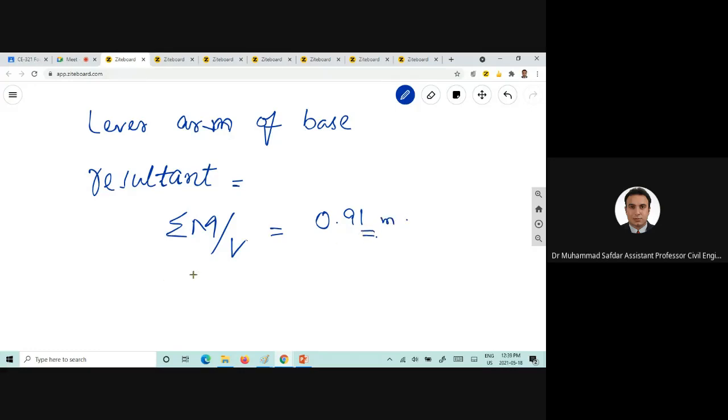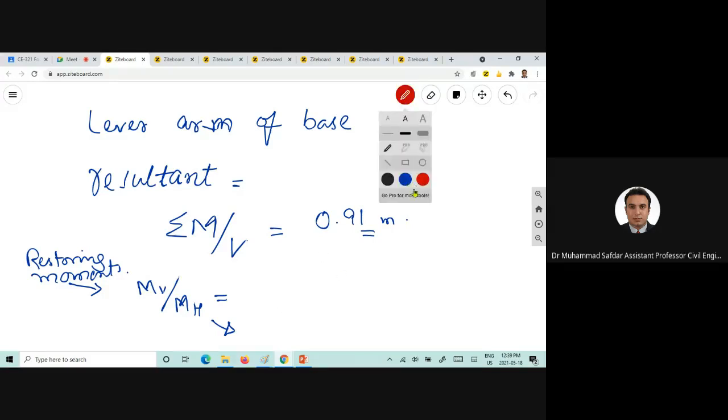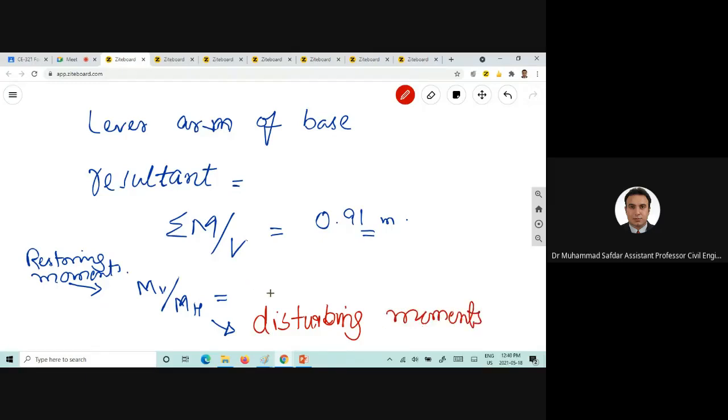0.91 meter. Now MV and MH. So if we want to find out the overturning limit state or the overturning stability, these are the restoring moments, and these are MH, the disturbing moment.